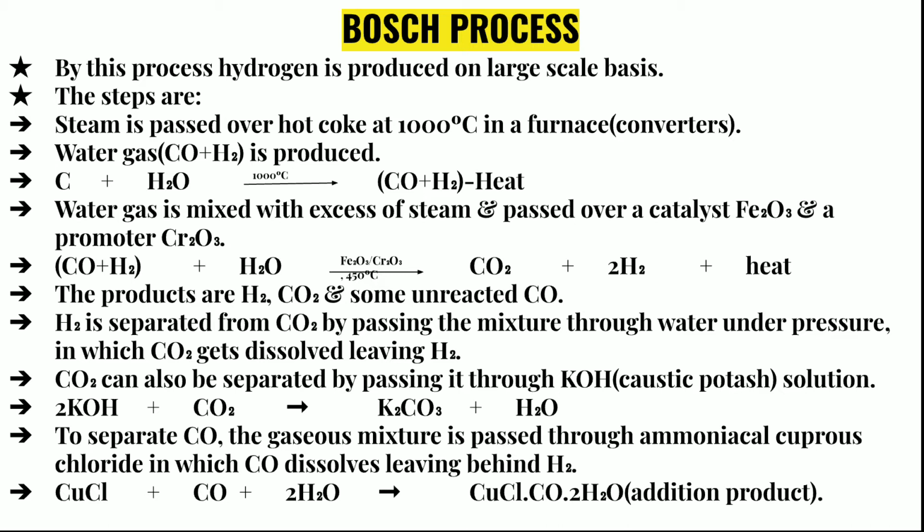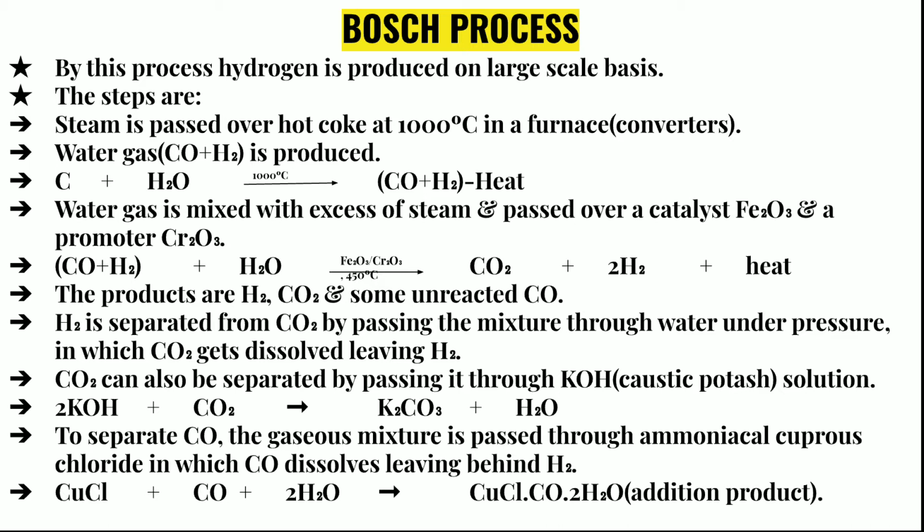This water gas, which is produced when steam is passed over hot coke at 1000 degrees centigrade, is mixed with excess of steam in presence of catalyst Fe2O3 and a promoter chromium oxide at 450 degrees centigrade, and then carbon dioxide and hydrogen are formed, liberating a large amount of heat.